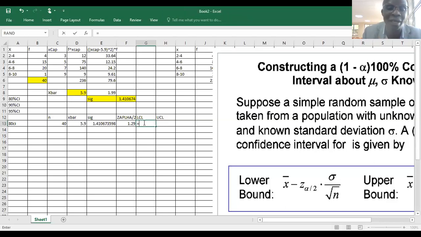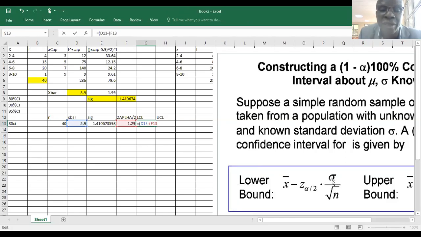I'm using brackets here: X bar, which is here, minus Z alpha over 2, which is this one here. Then, because we put a bracket here, we are going to do sigma. But I think we need to get root n first, which will be okay for you.